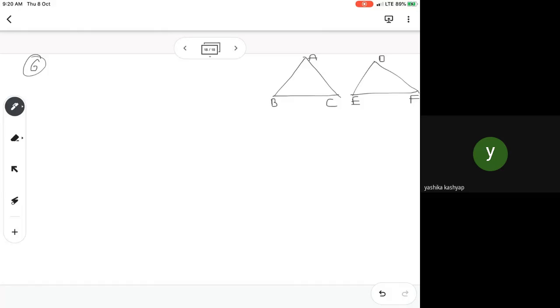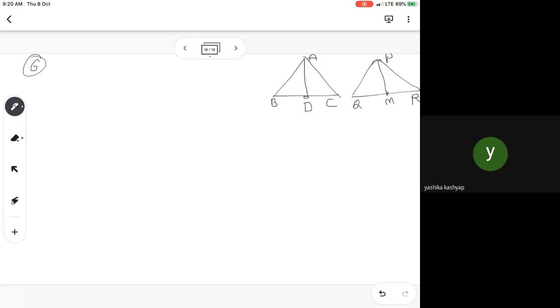And you are asked to prove that median. Sorry, let us take triangle PQR because it is familiar. Already we have worked on problems with PQR. So let us take the triangle name as PQR. And PM is a median. In the previous exercise we have proved already.